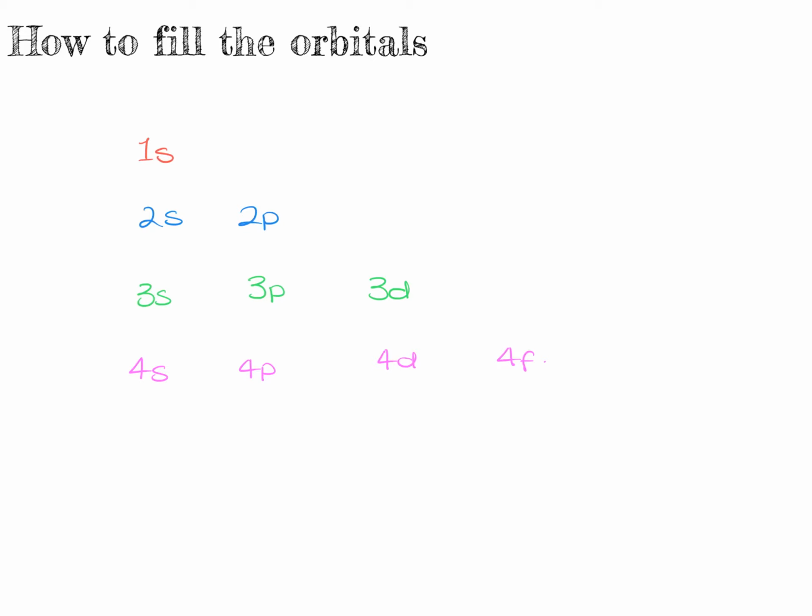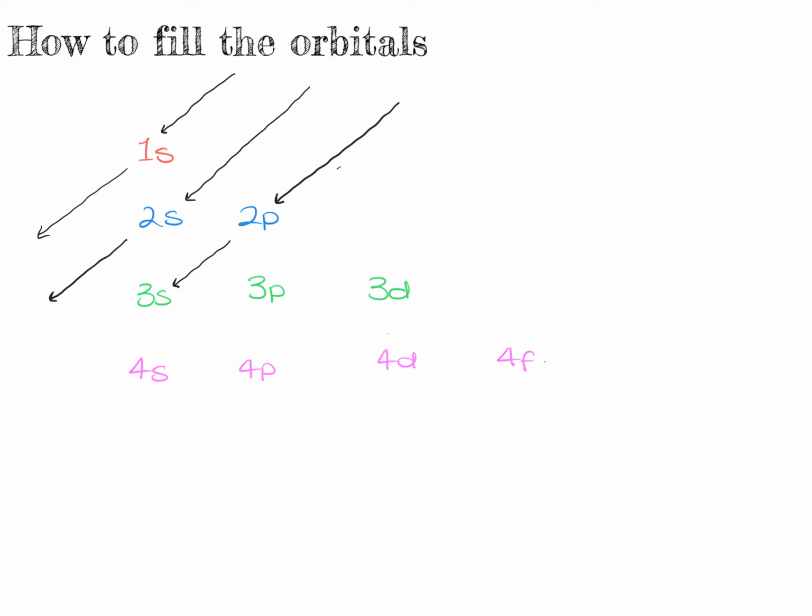If we go diagonally, we come to 1s first, so we fill 1s. Then diagonally we fill 2s next, then we fill 2p. So far so good: 1s, 2s, then 2p.